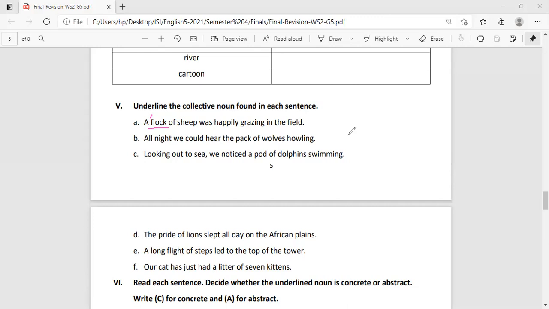I'm talking about a group as one unit. Night is not it. Like here we said a flock of sheep. Flock shows me that I'm talking about a group of sheep. Don't you notice here that they said all night we could hear the pack of wolves howling? Pack of wolves means a group of wolves. So pack is the collective noun.